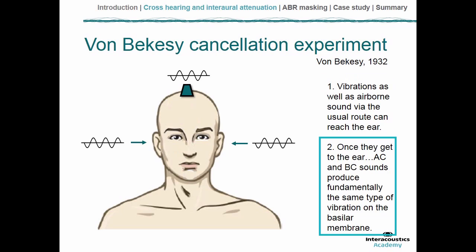But then secondly, when the air-conducted sounds reached the ear, because the sound was phase cancelled, that tells us that the particular type of vibration on the basilar membrane inside each ear is exactly the same whether it was heard by air conduction or bone conduction. So the type of sound vibrations, once they reach the ear, are fundamentally the same irrespective of how they got to the ear. And we know that because otherwise the sound wouldn't have been cancelled in that way.